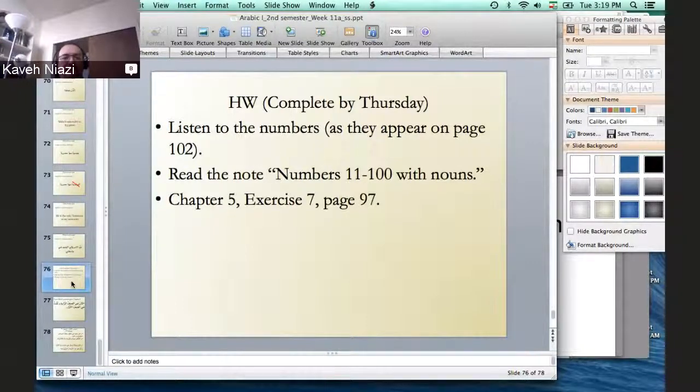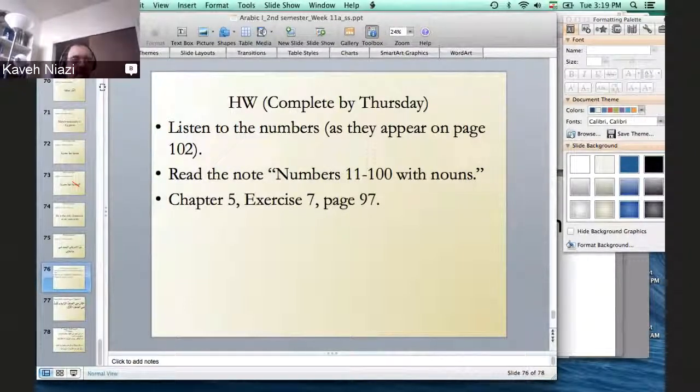It's on the same page, numbers 11 to 100 with nouns. It's on page 102 of the book. Again, the idea is just preparing you for a quiz on Tuesday. We're not going to do overkill with the numbers. We're just going to look at them, and then we will have one quiz, and then we'll leave them. And then the other thing is, let's do Chapter 5, Exercise 7, page 97. This is the second half of the vocabulary for Chapter 5, okay?